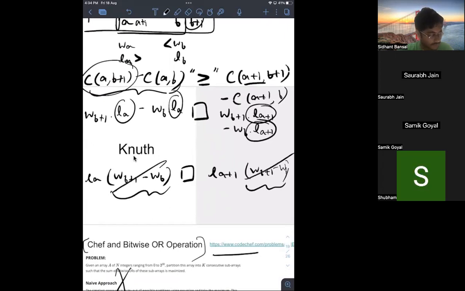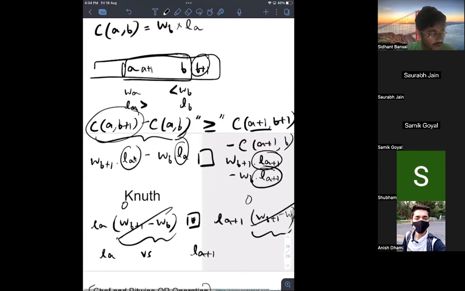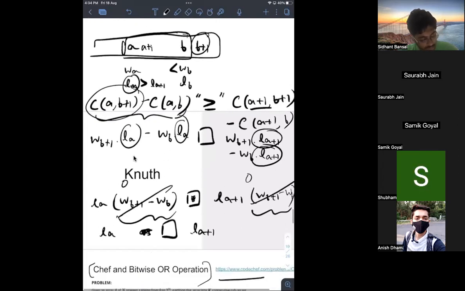It might be 0. If it's 0, then both the things are just 0, so your inequality holds. If the thing is non-zero, then you could cancel them out and you would get LA versus LA plus 1. And we already know that LA is bigger than LA plus 1 because the lengths are decreasing. So that's why the inequality holds.